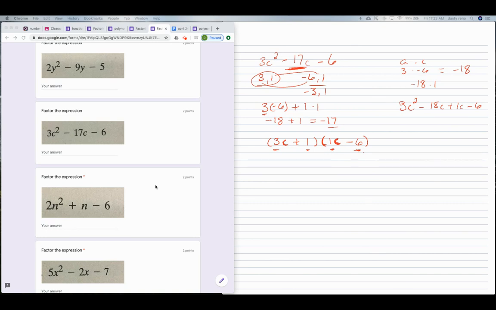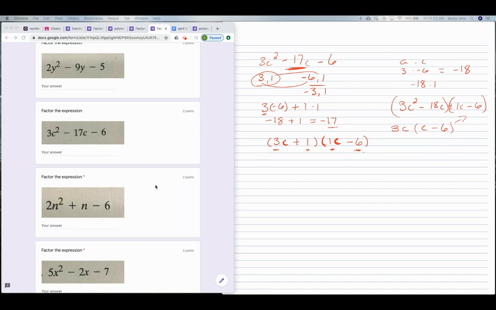So now we can group these together and factor out the greatest common factor. The greatest common factor of 3c squared and 18c is going to be 3c, which is then going to leave us with a c minus 6, which is the same as this right here.